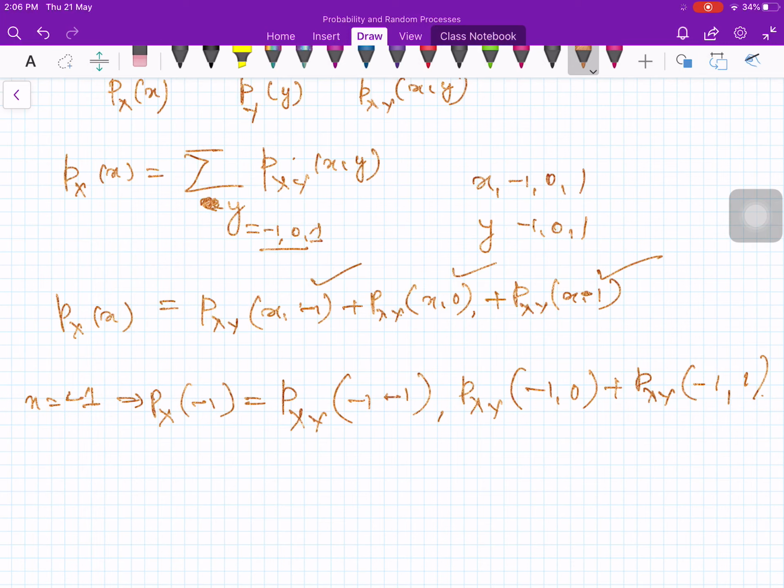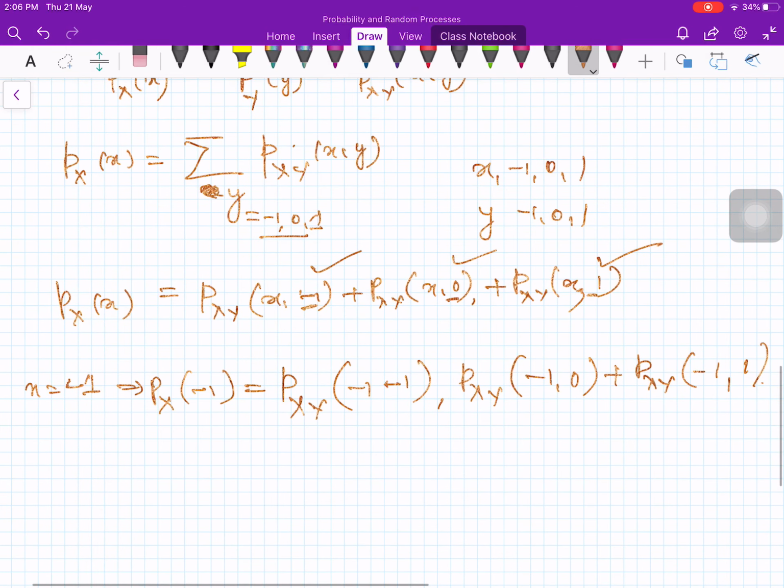Okay, it takes y = -1, 0 and +1. So therefore this is correct. So this value is 0, this value is 1/4, and this takes the value of 0, therefore 1/4. This is therefore pX(-1) equal to 1/4.